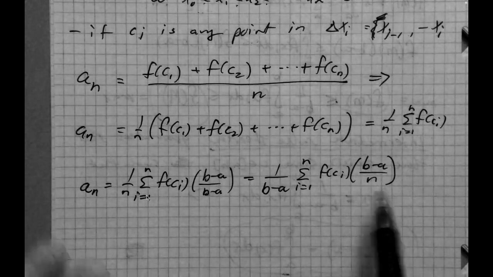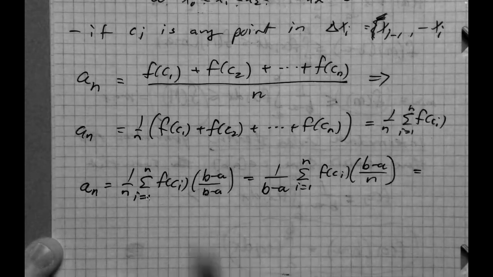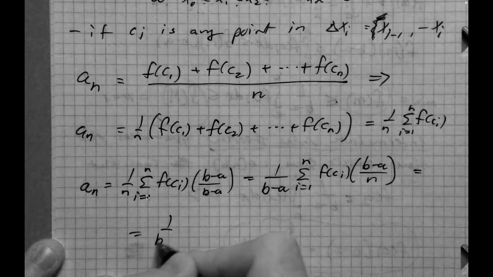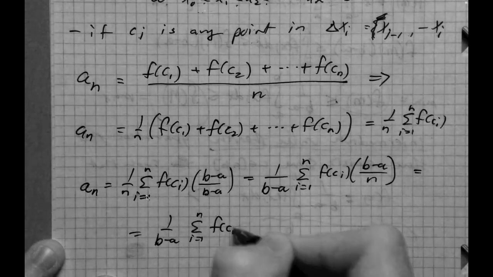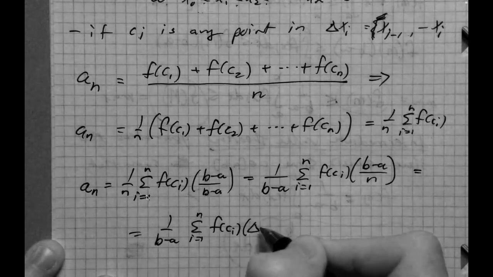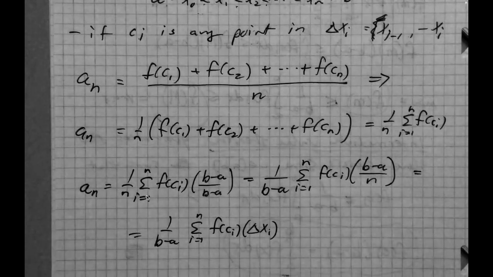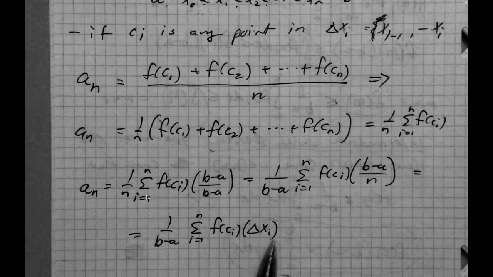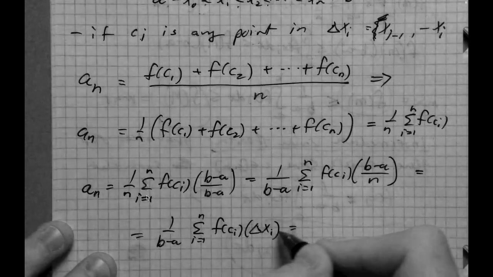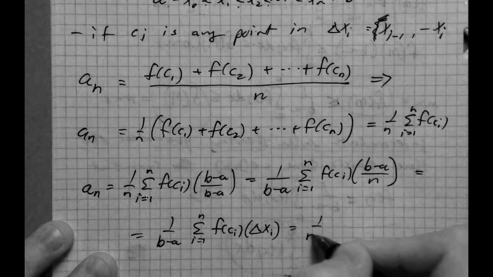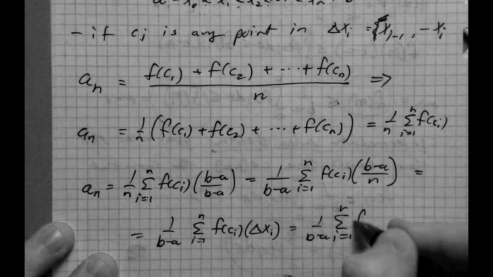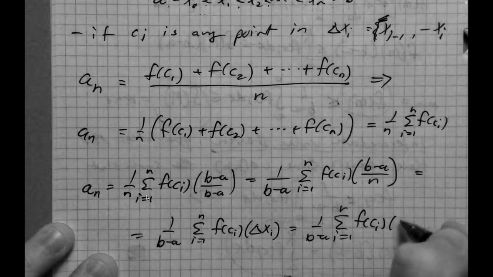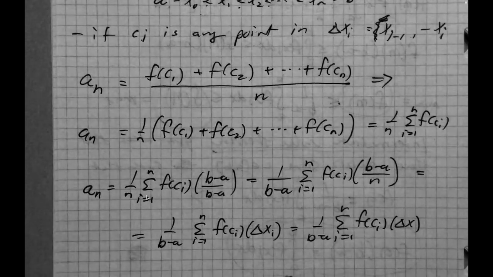Okay, and we know, of course, this b minus a over n is the width of the intervals. So I get delta xi. Now technically these delta xi's are all the same, so I could just rewrite this as delta x. It doesn't really matter for this derivation, but I'll do it just because I said it.